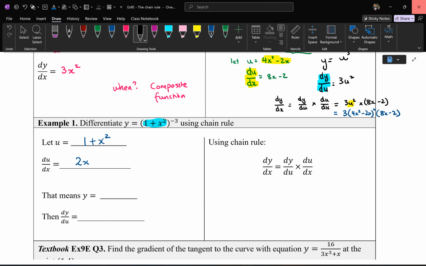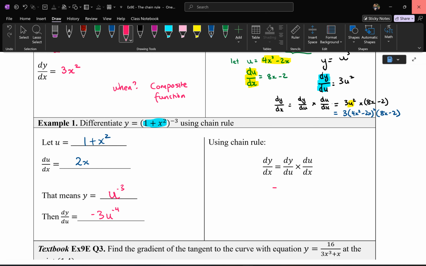But then that means the new function, y is not equal to 1 plus x squared to the power of negative 3 anymore. It is now u power of negative 3, which we like. What's the derivative of u to the power of negative 3? Y equals u to the power of negative 3, Serena. Beautiful.